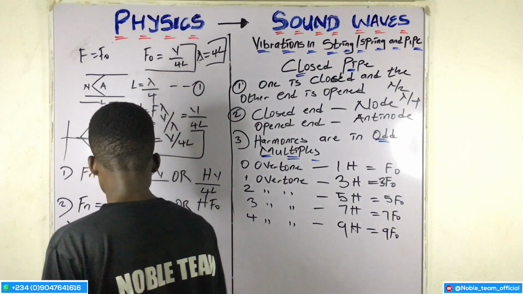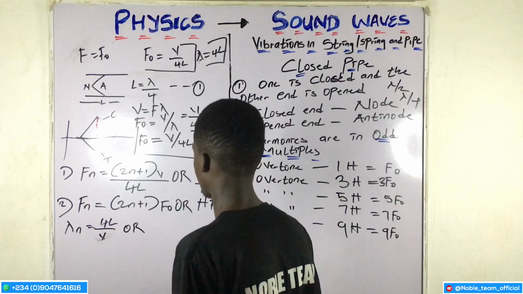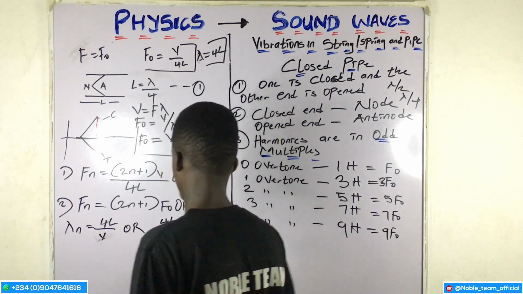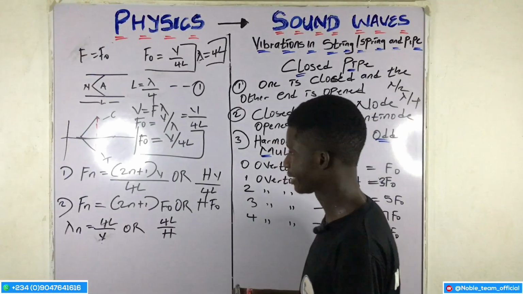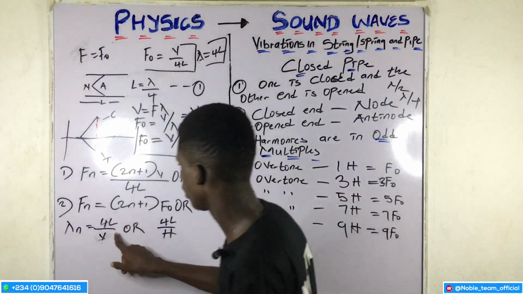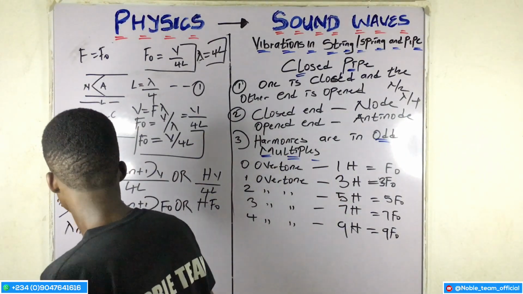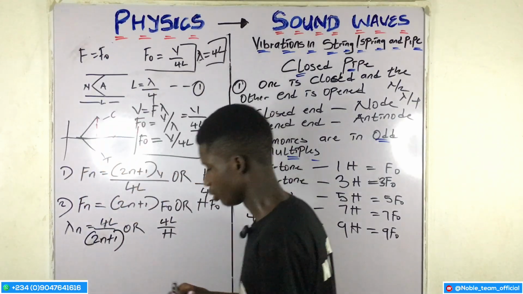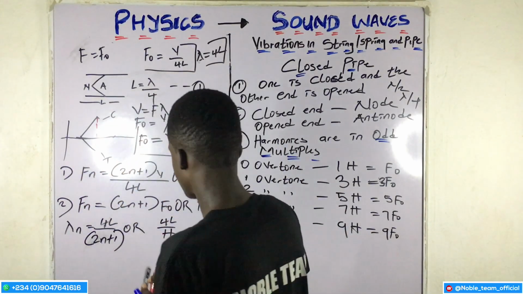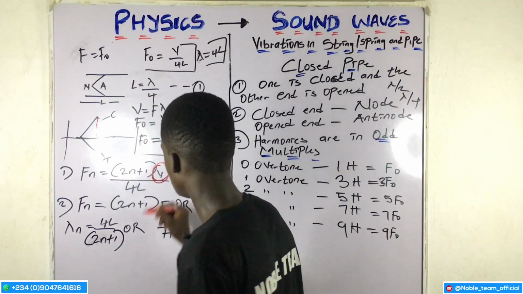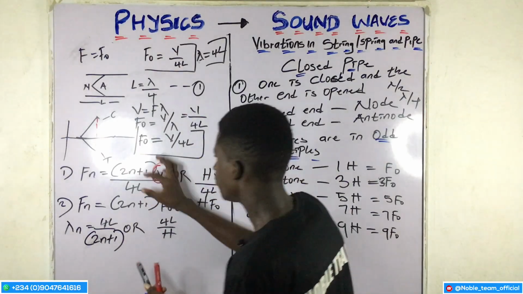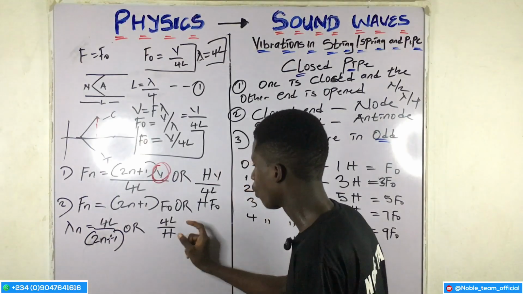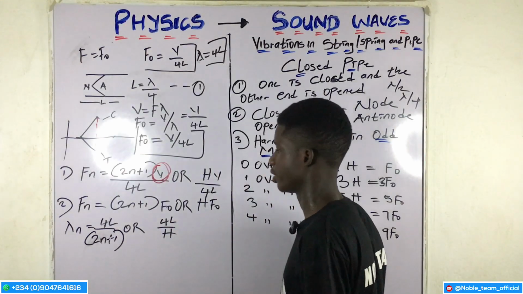Or we can also say 4L over H. Both of them are still the same thing. No, it's not V. This is into bracket 2n plus 1. It's like removing this V that is here, bringing this down and carrying this up: 4L over 2n plus 1, or 4L over H.